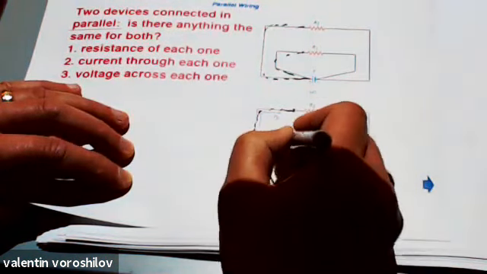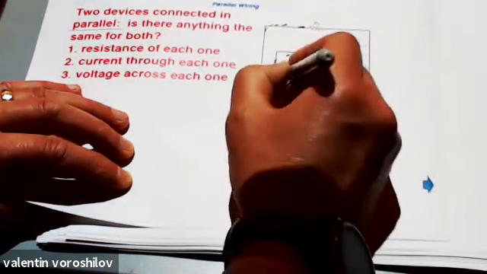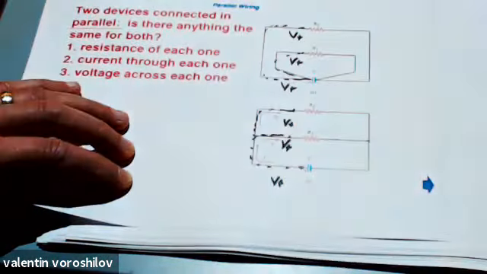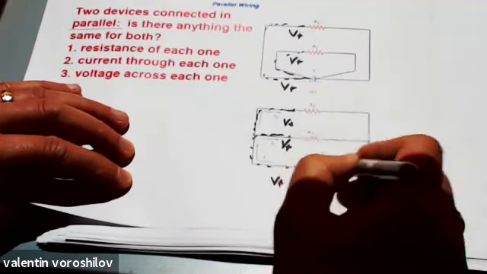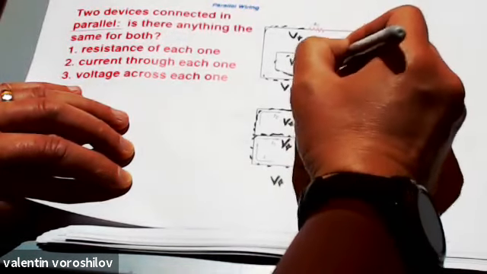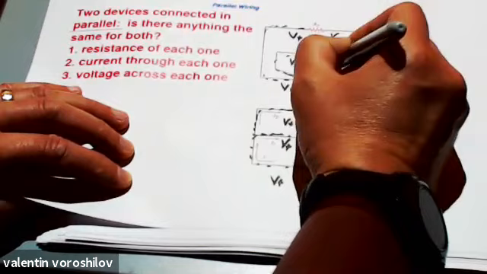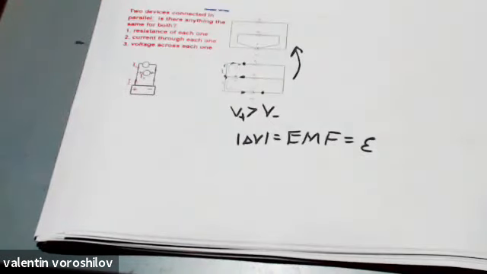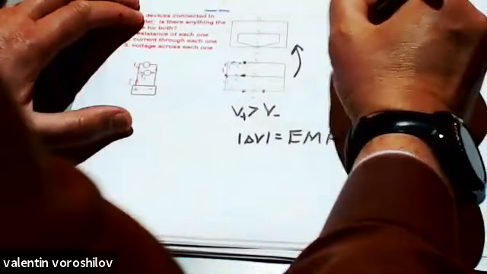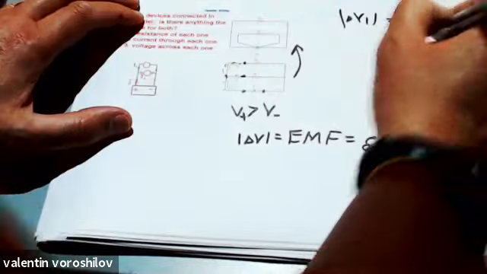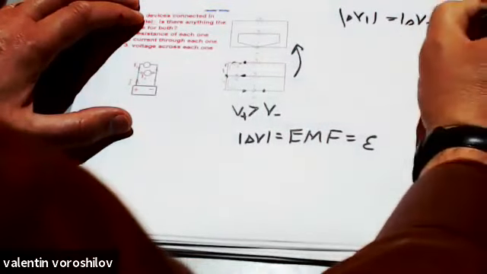V plus, V plus, V plus, and of course the same V minus, V minus, V minus. So what we need to write now is delta V1 equals delta V2 equals delta V.